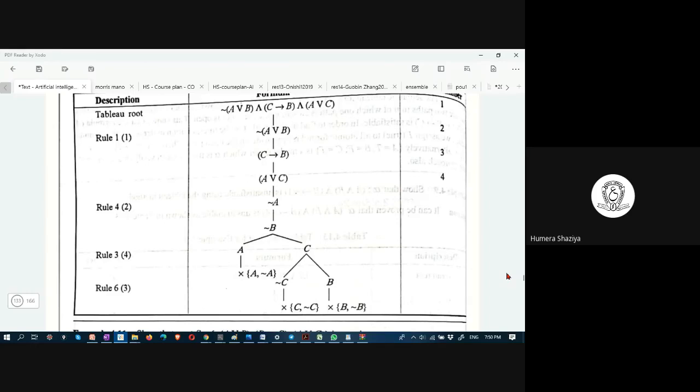Further, it is not A or B. When you apply rule number 4, you are getting not A and not B, not B, A, C. Let me check rule number 4.